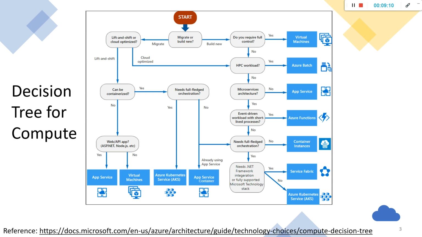Suppose before cloud, we are building the applications in our virtual machines or on-premises desktops. We have the monolithic applications. Before containers, we have the monolithic applications.